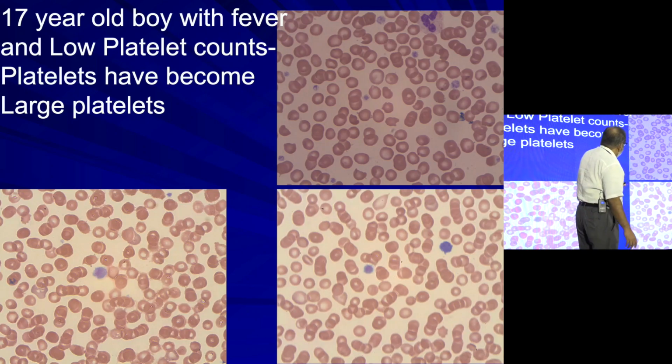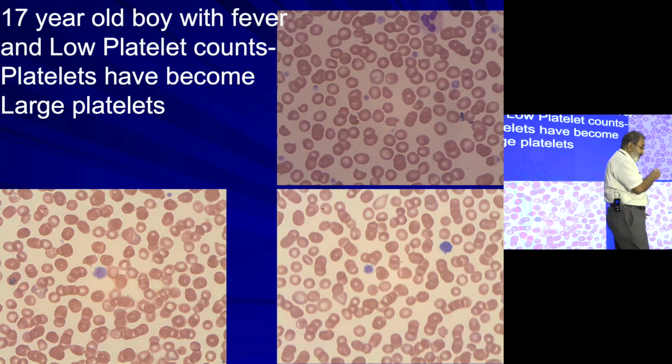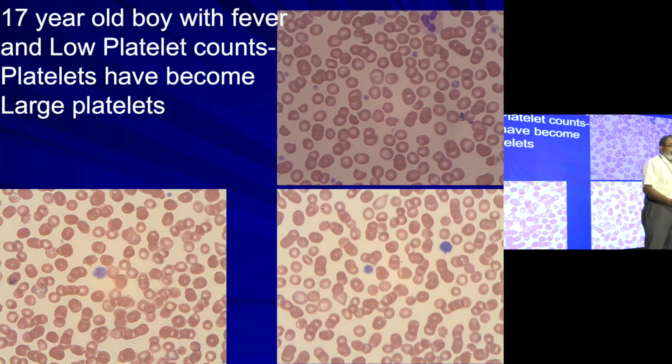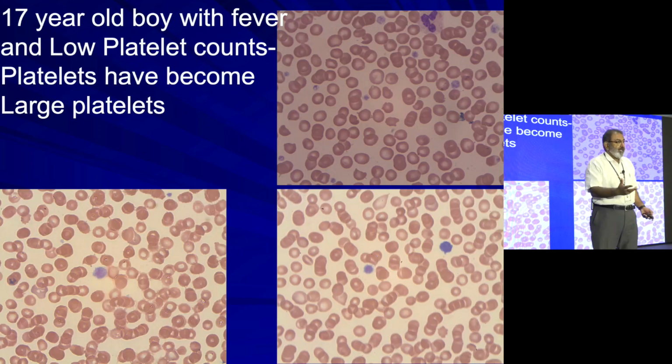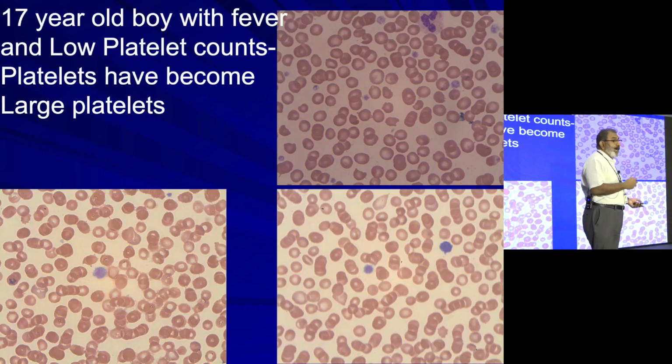You can see the change in the platelets: not only do they become large, they also become intensely stained. So not only are they young platelets, they are large young platelets, and some of them are so blue, I call them stress platelets.